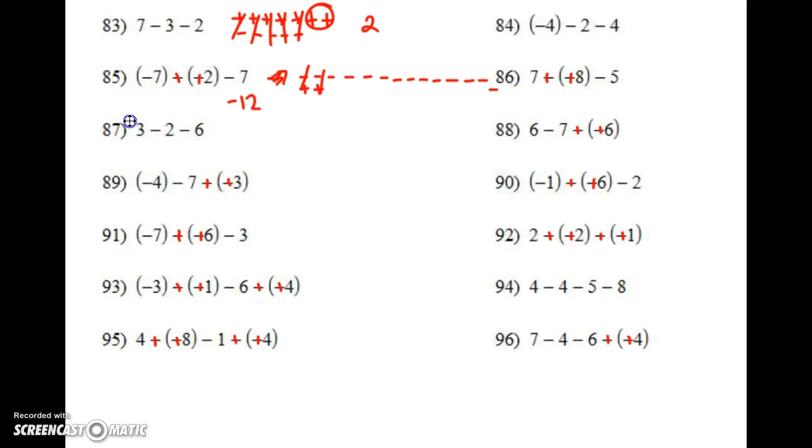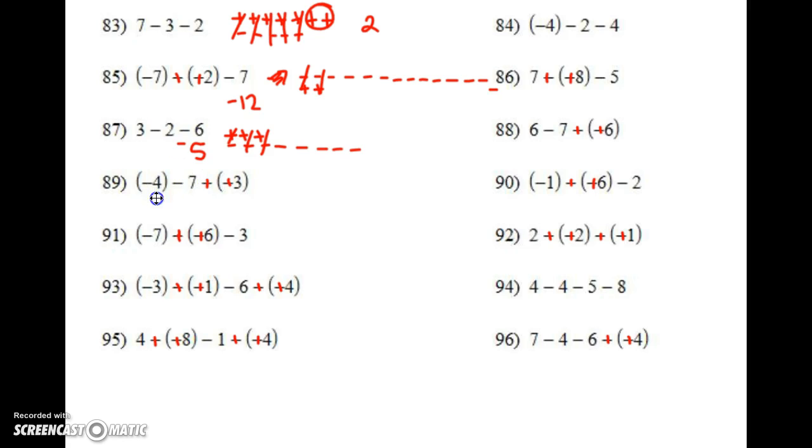So 3 positives here, 1, 2, 3. 2 negatives. And then 6 negatives, 1, 2, 3, 4, 5, 6. And cancels, cancels, cancels. We're left with 1, 2, 3, 4, 5 negatives. All right, so negative 4 and negative 7.